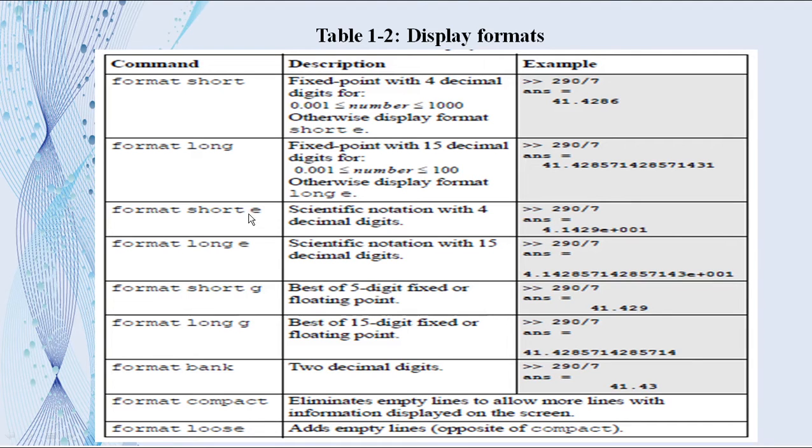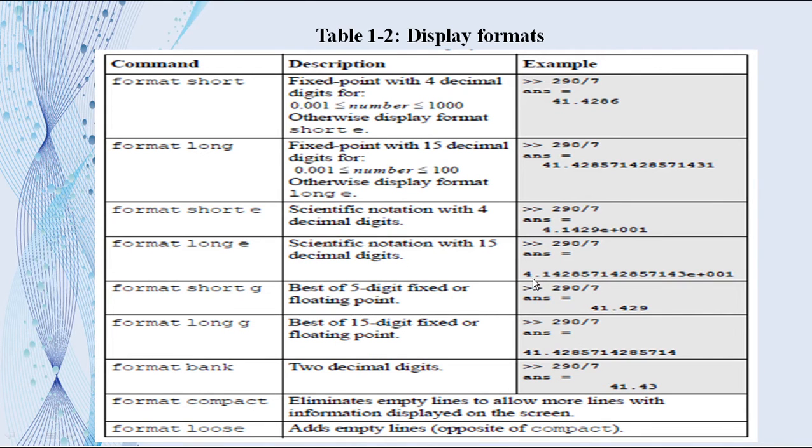Format short e: scientific notation with 4 decimal places. It is a notation for representing the numbers in scientific notation with 4 decimal places. Format long e: the same thing, scientific notation with 15 decimal digits.